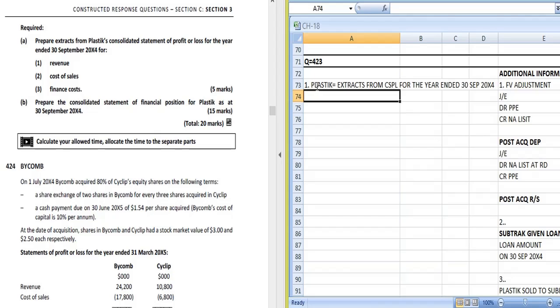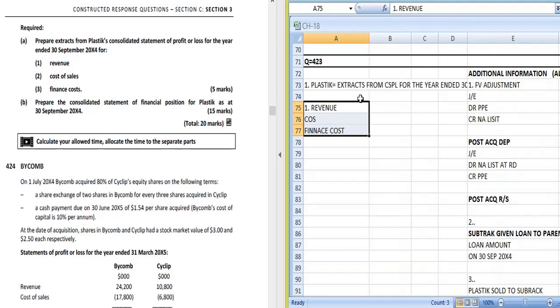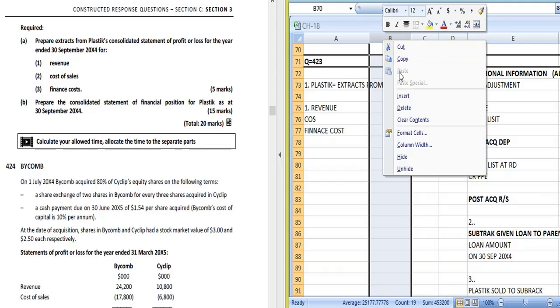We only need to calculate three figures: revenue first, then cost of sales, then finance cost. For this one we will add one more box.